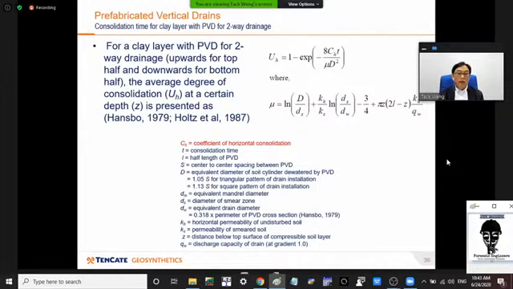You have the diameter of the mandrel, which is responsible for disturbing the soil, and the diameter of the smear zone, as well as, what is also important, the drainage capability of the drain itself.